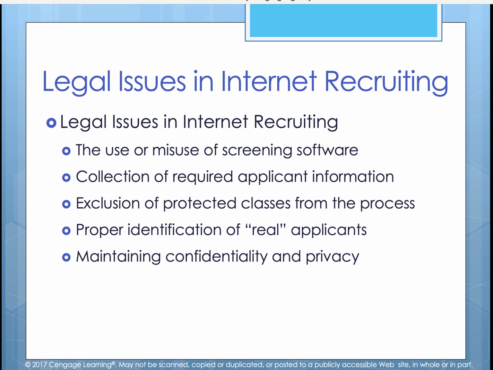And then maintaining confidentiality and privacy is also very key, because we do have issues with hacking. We have issues with people selling information, leaking information. So making sure all of these things are factored in when you are doing your internet recruiting. Certain things should not be exchanged using the internet that are confidential and private. Some things would have to be done in person, for instance, or through snail mail.